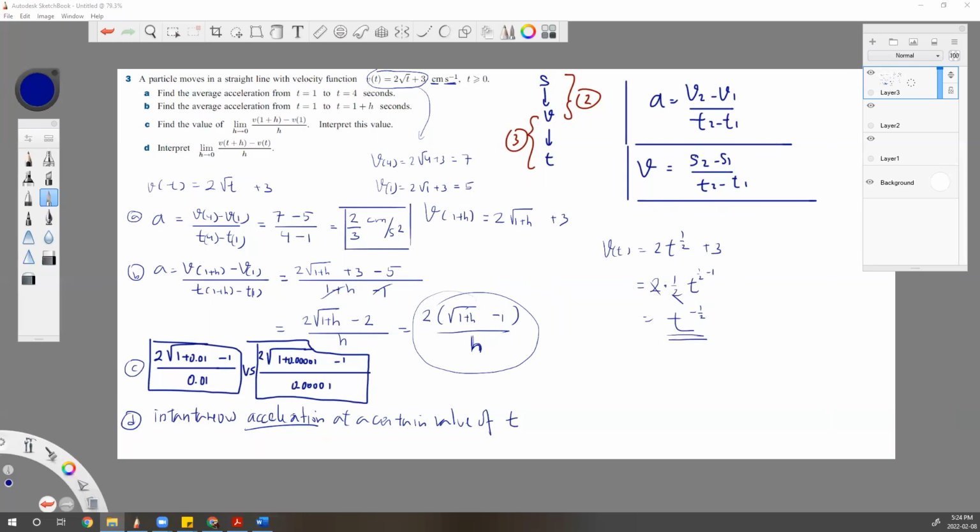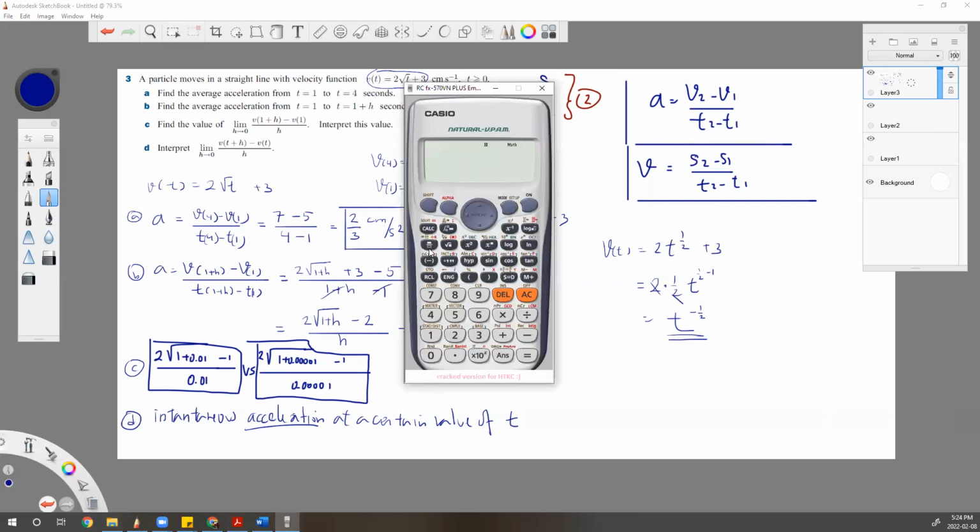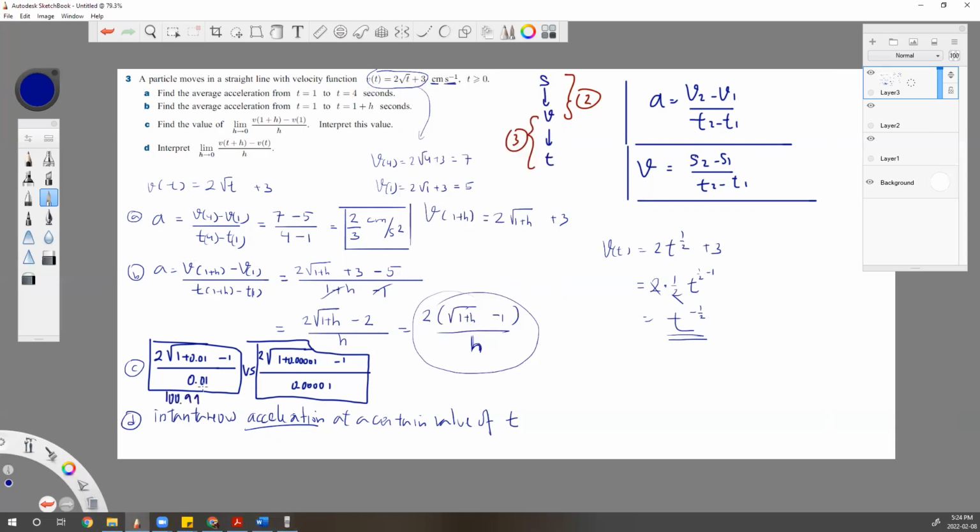Wait, I'm opening the calculator right now. There you go. 2 square root of 1.01 on the first one, right? Then subtract 1 over 0.01. It is 100.99, right? How about the right side?